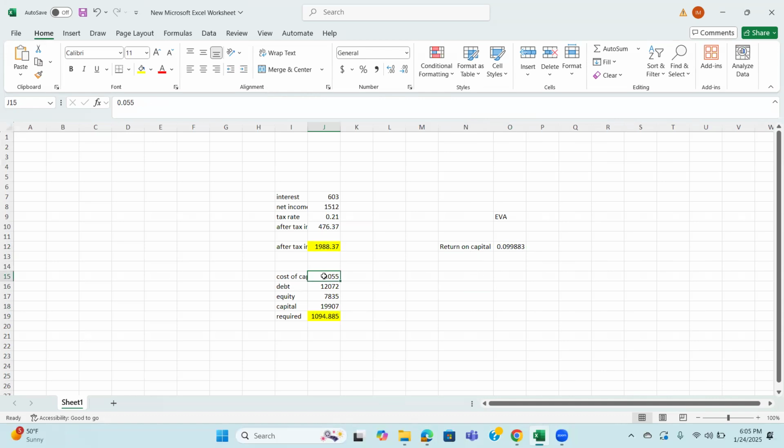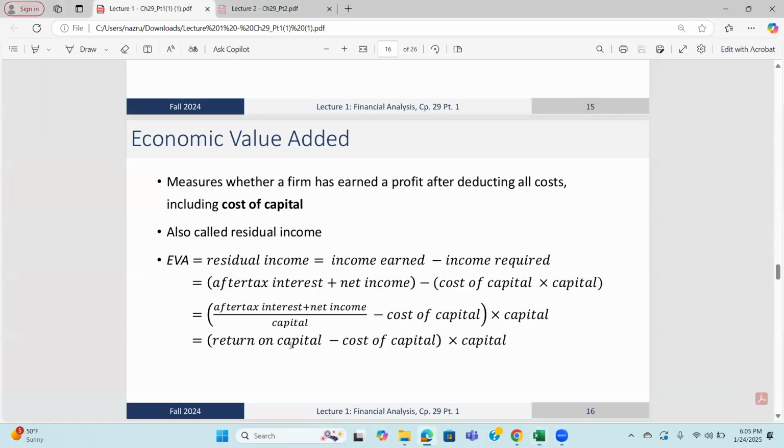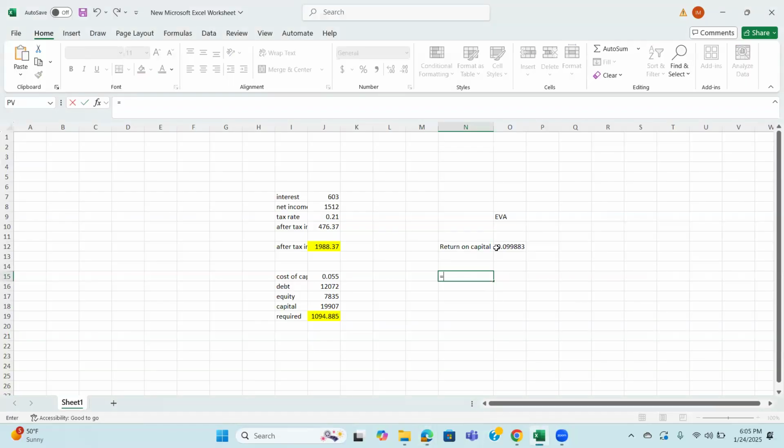And we have cost of capital, we have capital. Now we can easily get the value for EVA. So remember the formula, return on capital. So we have return on capital and we subtract cost of capital. So here is our cost of capital. Let's put the first parenthesis and then we multiply with the capital. And thus we got the value for EVA.